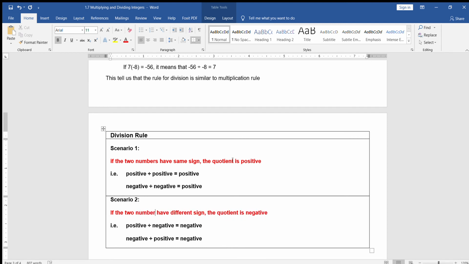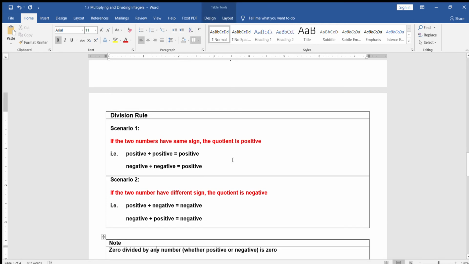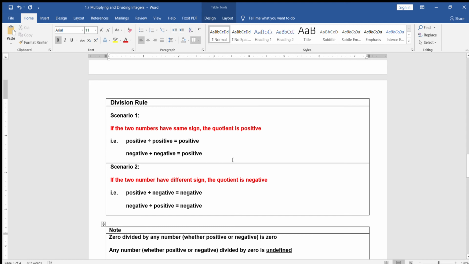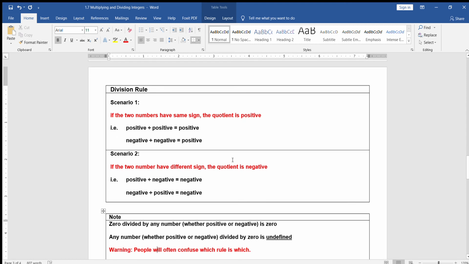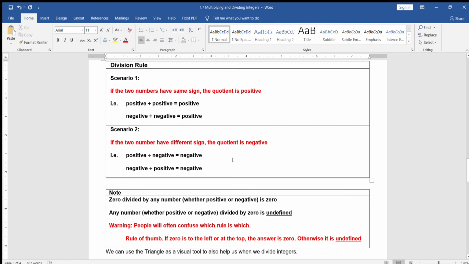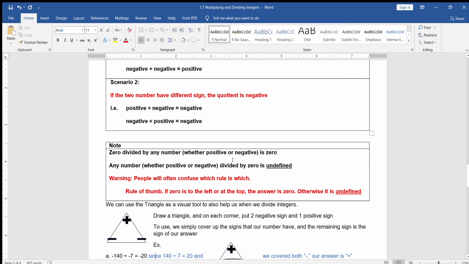So scenario 1 is positive divided by positive, which gives positive, and negative divided by negative, which gives positive. Scenario 2 is positive divided by negative, which gives negative, and negative divided by positive, which is negative. Note, 0 divided by any number, whether positive or negative, is 0. And any number, whether positive or negative, divided by 0 is undefined.